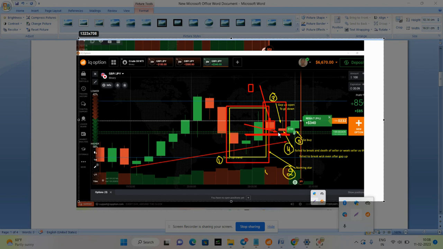This candle opened with a gap up so as to retest, so as to go down. But this also failed. Even after taking the gap up, the sellers failed. What does this imply? This implies that this is the death of sellers. So we can confidently go with the buyers now in this candle. This death of sellers is confirmation. Now the buyers will come here.